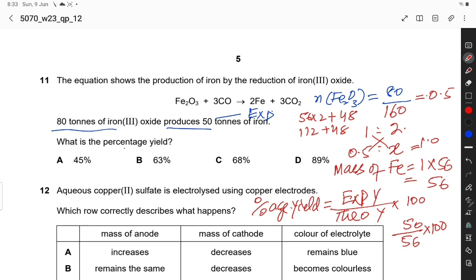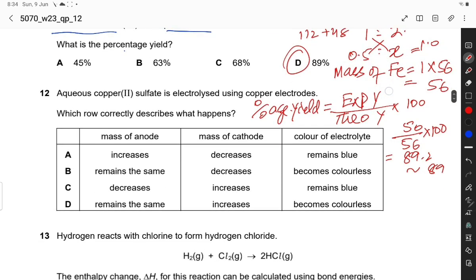So 50 divided by 56 into 100 is equal to 89.2%, which is approximately 89%. So D option is correct option.